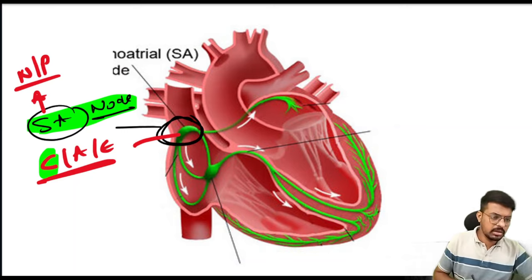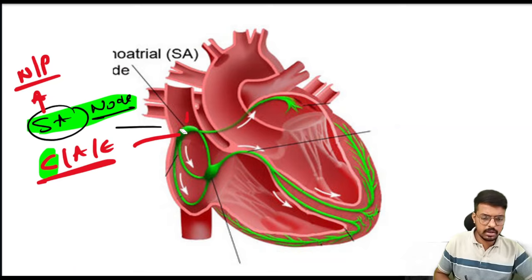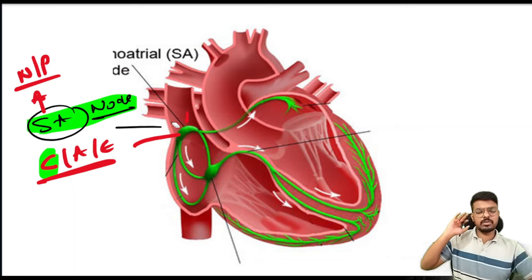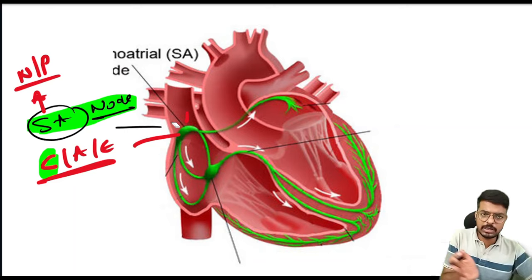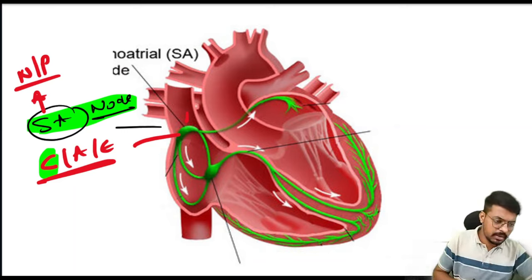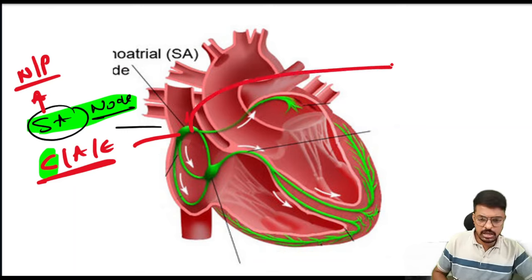Automaticity means there is no need for any continuous stimulation. I am not continuously stimulating it for it to produce impulses. Even if I am sleeping for 24 hours a day, it will work automatically, because the conduction system of the heart acts under the autonomic nervous system.